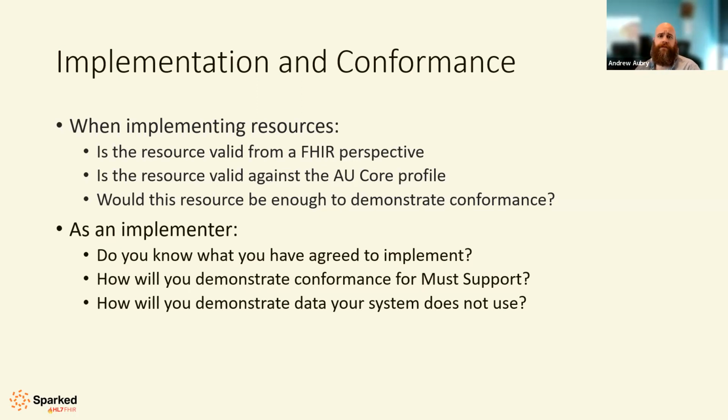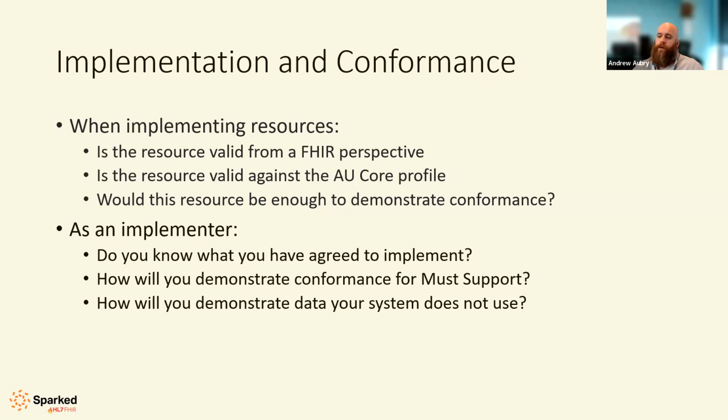Will I be capable of demonstrating all those conformance requirements? That means being able to populate the elements, having that capability, populating all those elements when you have the data, implementing the missing data requirements when you don't have that data, and then demonstrating all of those. So as an implementer of AU Core, do you understand what you have agreed to implement based on these requirements? Do you understand how you will demonstrate conformance for all those elements marked as must support?